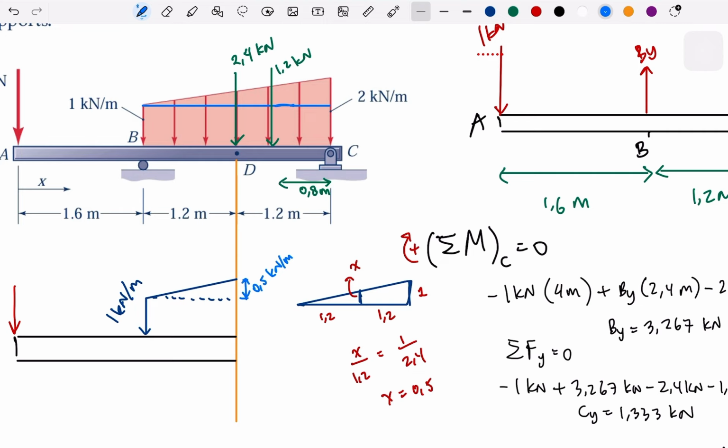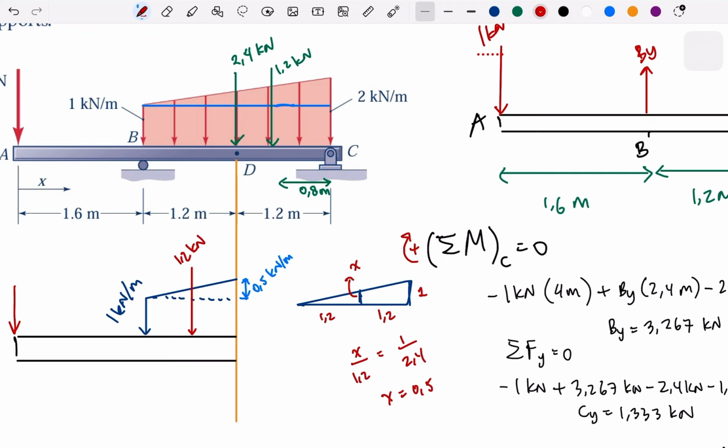So within this new shape, we get the new resultant forces. One is the rectangle, which is 1 times 1.2, so this will be 1.2 kilonewton. And for the triangle, it is 0.5 times 1.2, which is 0.6, but divided by 2, so 0.3 kilonewton.